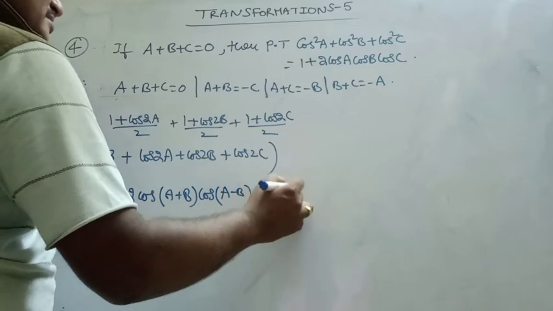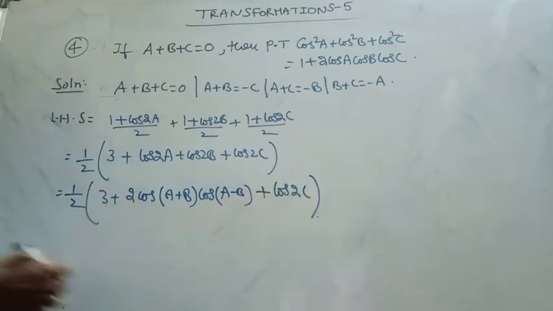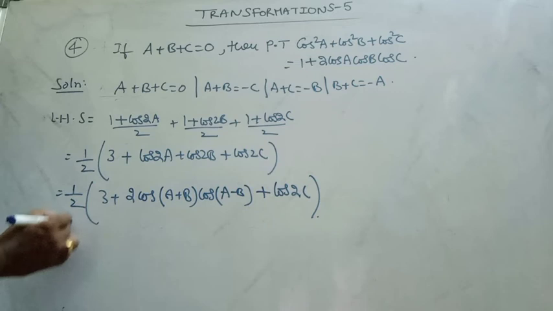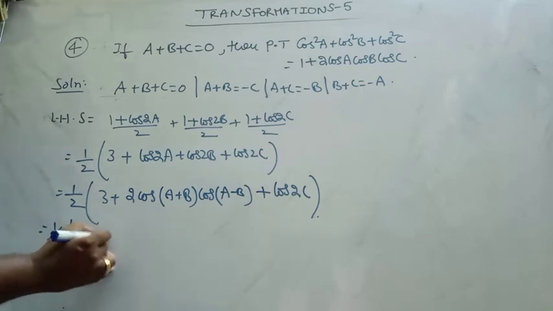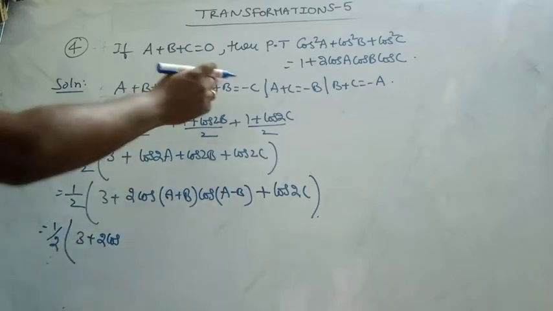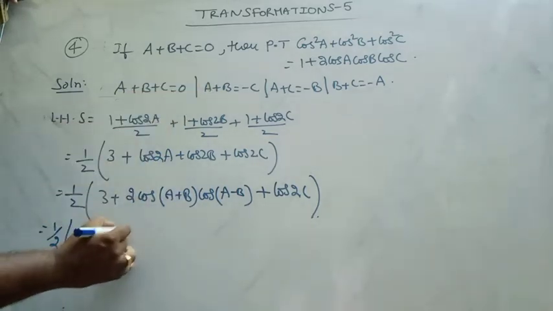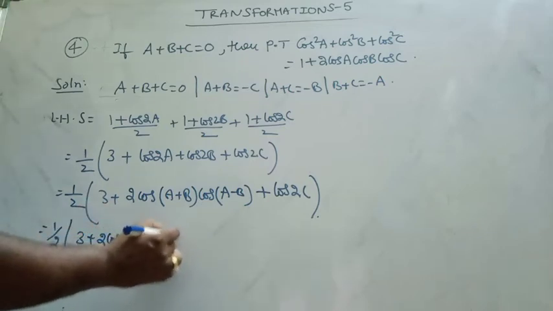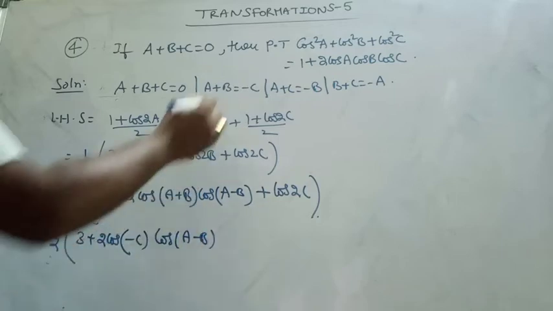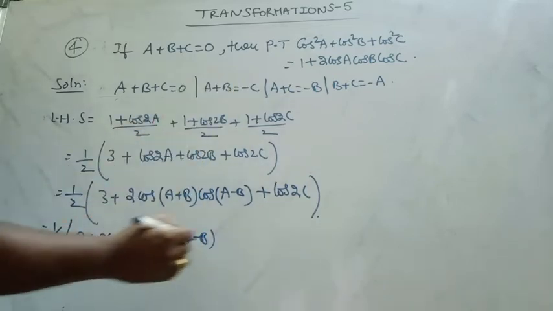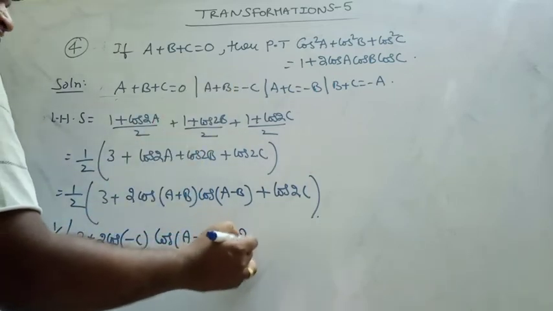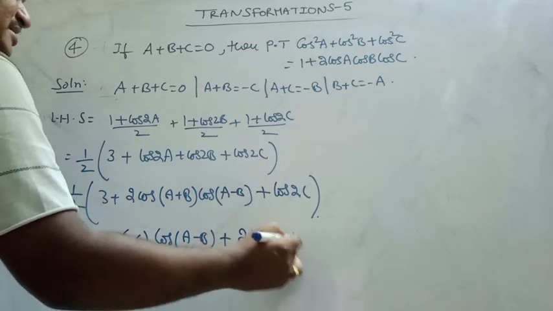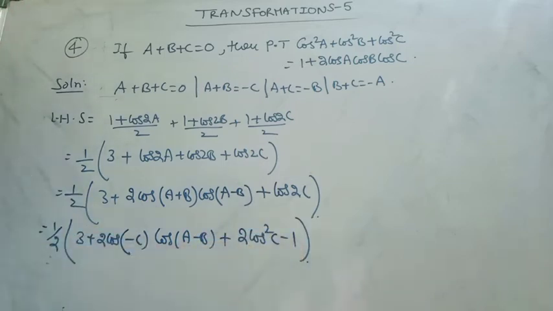Now this is equal to 1 by 2 into 3 plus 2 cos of (a plus b), and since a plus b equals minus c, that is cos of minus c, which becomes cos c, plus cos 2c, which we can write as 2 cos square c minus 1.